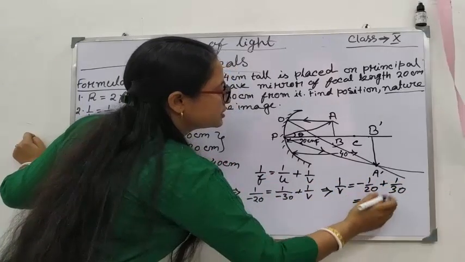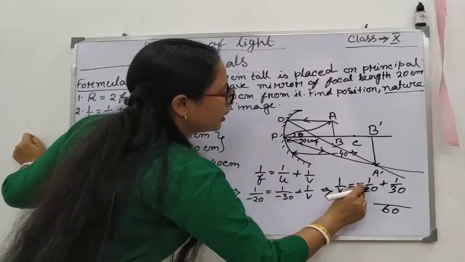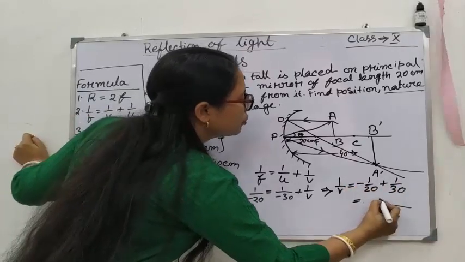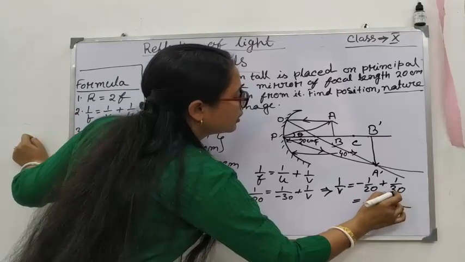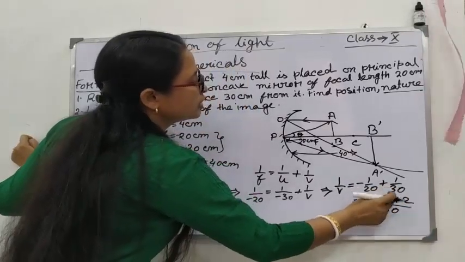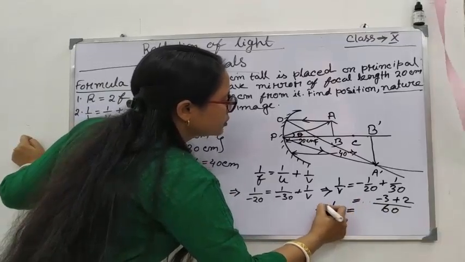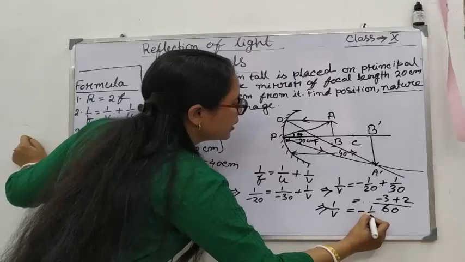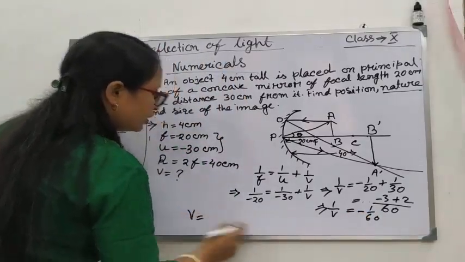So you have to take the LCM. The LCM of 20 and 30 is 60. 20 gives you minus 3 because the minus sign is there, and it gives you plus 2, since 2 into 30 is 60. So 1 by V is equal to minus 1 by 60. Clear? So what is the value of V?